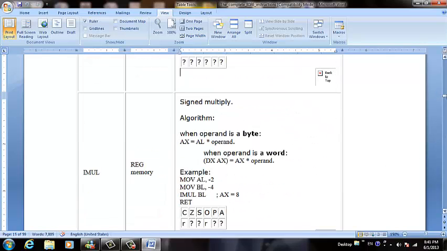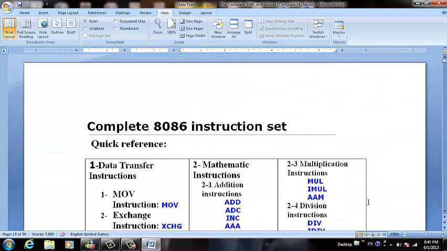I'm sorry about that. But if the multiplication is with AX, the result will be stored in AX and DX.